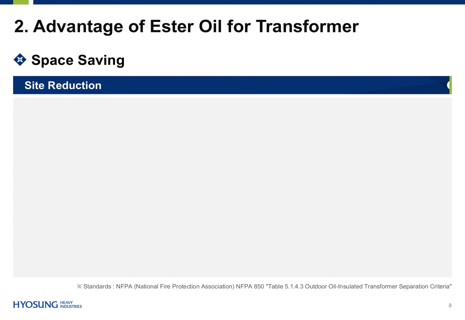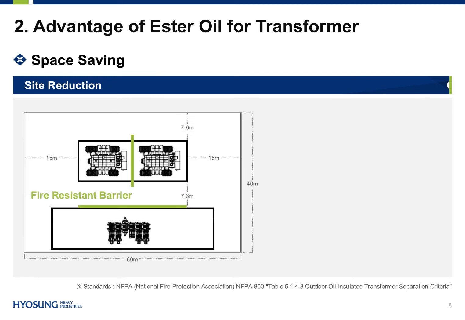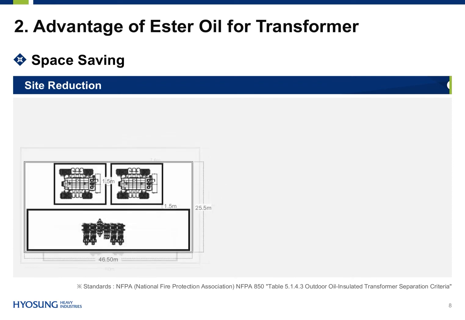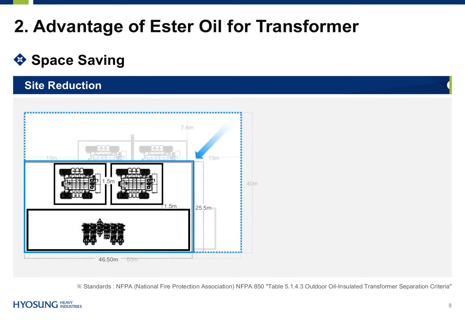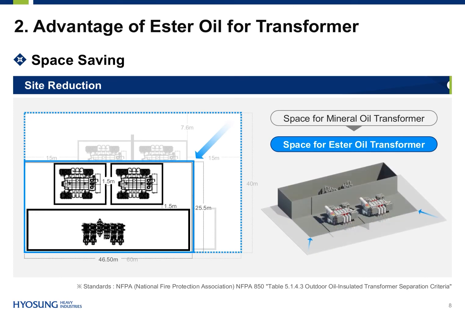We believe the most outstanding advantage of Ester Oil transformers for a substation owner is the space savings. According to NFPA standards, firewall can be removed and separation distances can be reduced. As shown in this simulation, the substation area for transformers could be reduced by approximately 50%, when ester oil is applied.